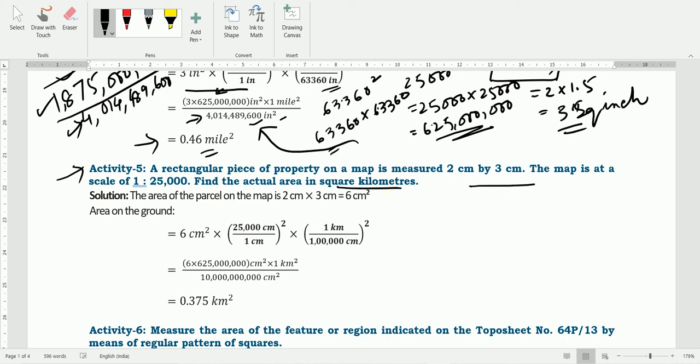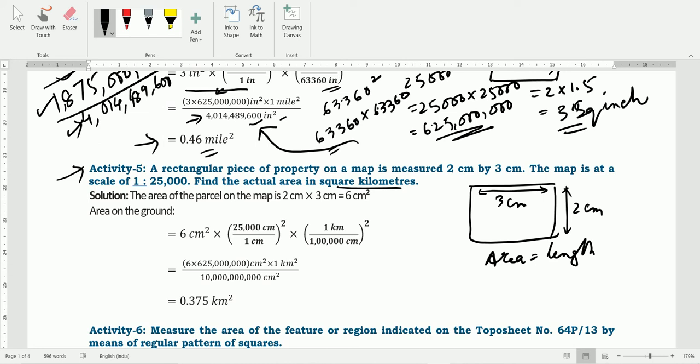So in this case, we have to find the area in square kilometers. The area on the map: the length is 3 centimeter and the width is 2 centimeter. We know that area is equal to length into breadth, so 3 into 2 is equal to 6 square centimeter. This is the area on the map.